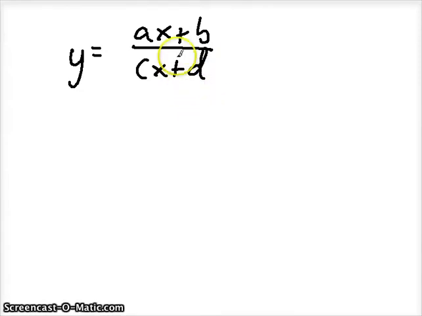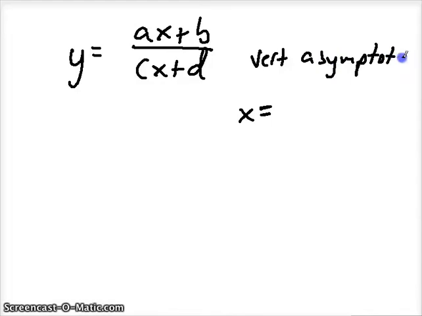If you see rational functions that have 2 x's, 2 inputs, then you're going to be able to approximate the asymptotes in this way. Your vertical asymptote, or the x equals equation, is still going to be whatever makes your denominator equal 0.